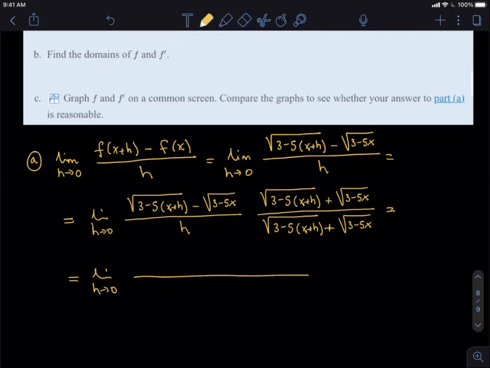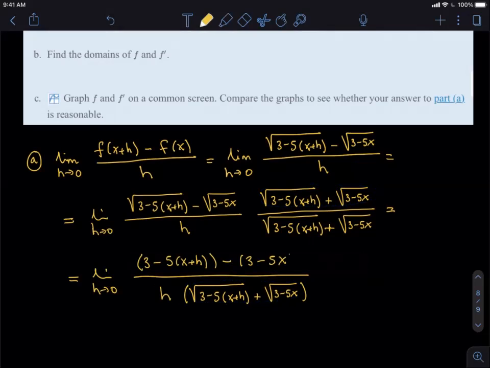Then first the denominator. Let me copy the sum of square roots that goes in the denominator multiplied by h, and then the numerator now is a sum times a difference. That's the difference of the squares, but the square of a square root is whatever is inside the square root, minus 3 minus 5x.